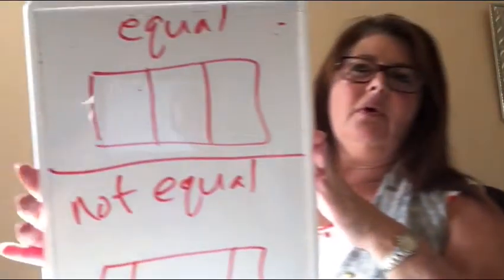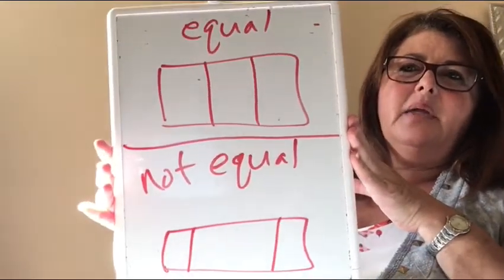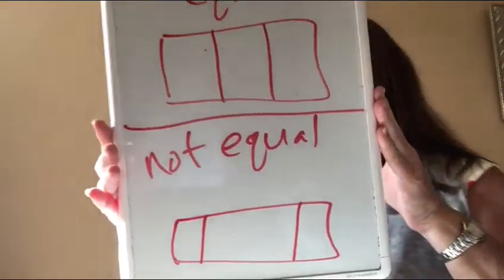We have broken this rectangle up into equal pieces on the top and then non-equal pieces on the bottom. See how the top piece is 3 equal pieces? It's in thirds, 3 equal pieces. The bottom part is a small piece, a big piece, and a small piece. That is not equal pieces.